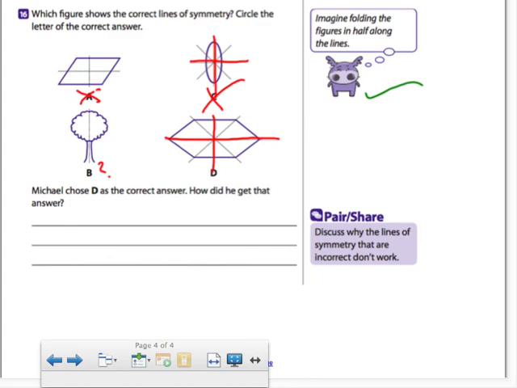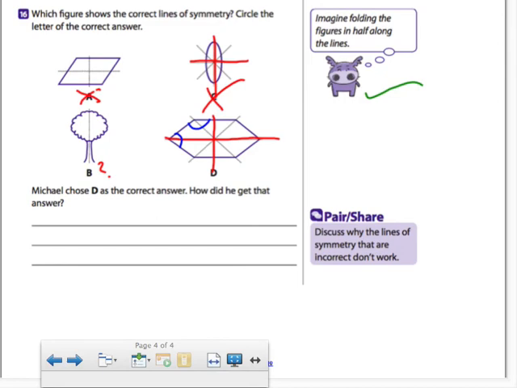First of all, if you folded them on those diagonal lines, they would not match up perfectly. Second of all, you can only do that when the angles are all the same. Look, that angle's little. Look at that angle. It's large. That ruins some of these lines of symmetry.